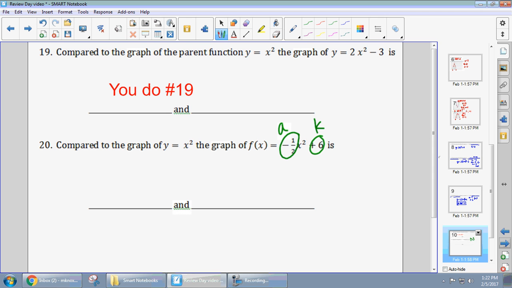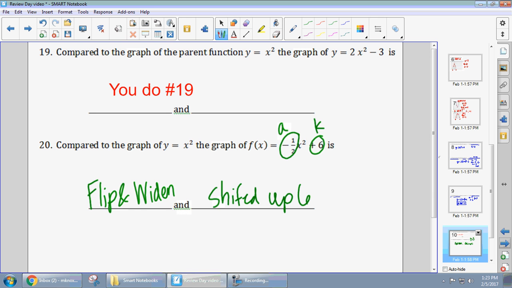So with a, I'm going to flip or reflect across the x-axis. And when my a is a fraction, that means I widen. Then my k means that I shifted up 6 units.